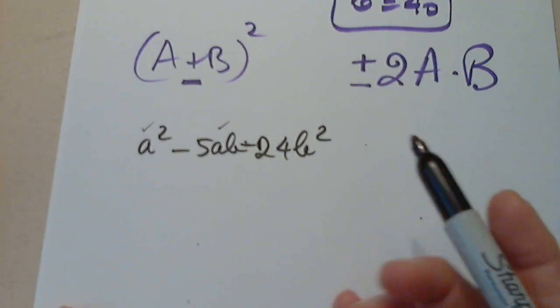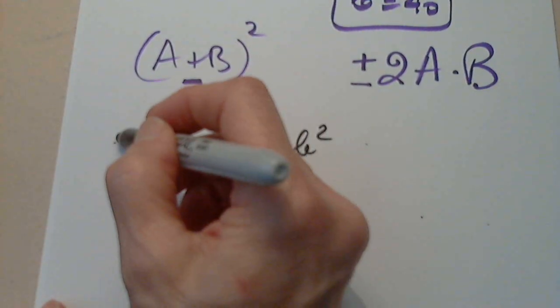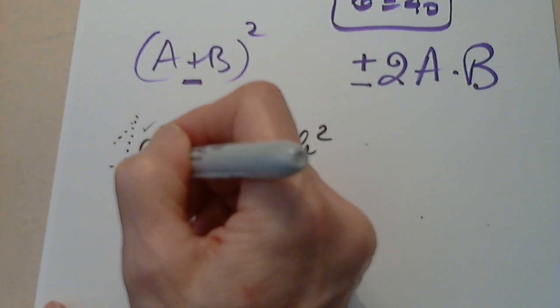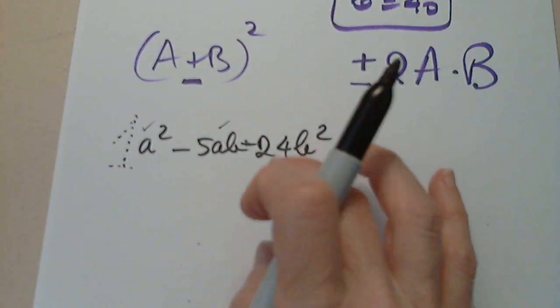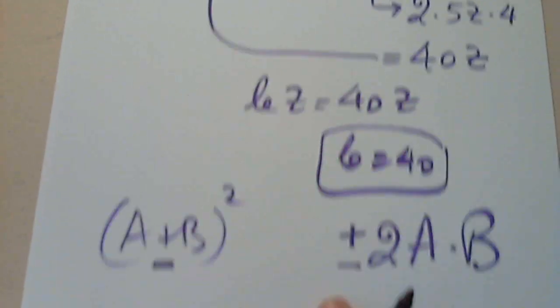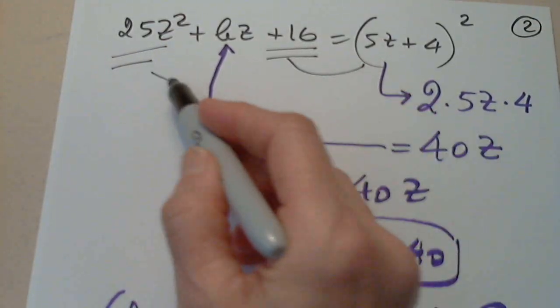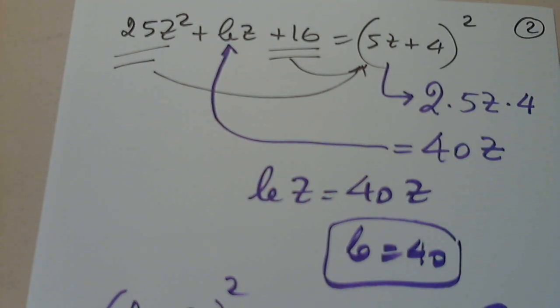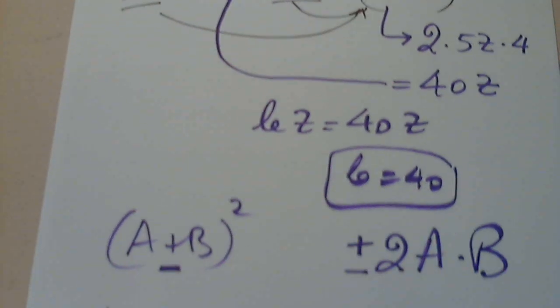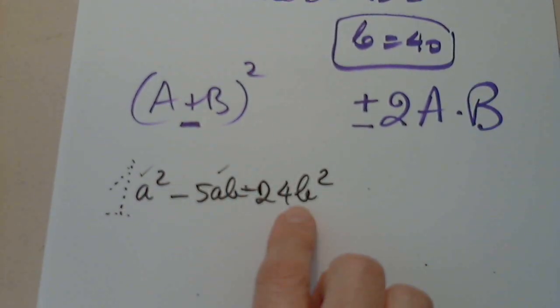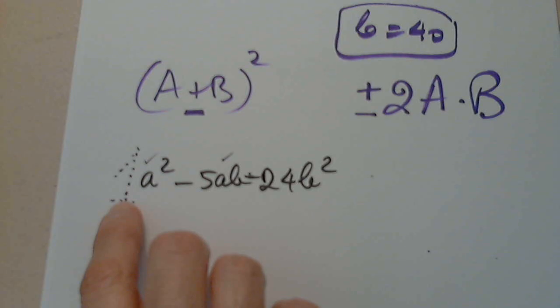No greatest common factor, no negative leading coefficient. Luckily, 1, and it's not a special product because this is not a perfect square. This is a perfect square. This is a perfect square. That's why immediately I came up with that. But these are not perfect squares. This is, but this isn't. But 1 is the leading coefficient.